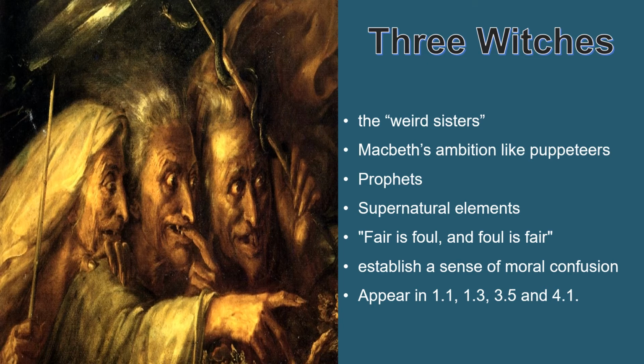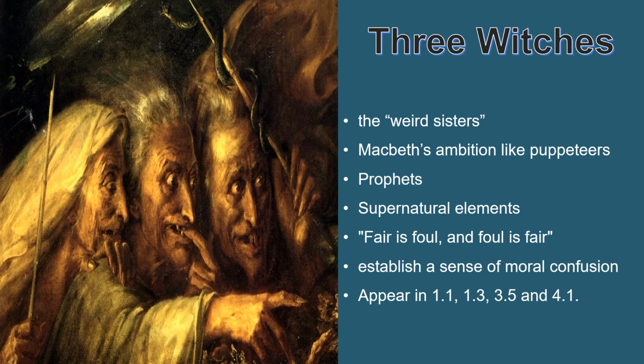So here they act as puppeteers to move away with the emotions of Macbeth. They are mere prophets. Handling the supernatural elements in this play is the place where Shakespeare has exhibited his originality and creativity.